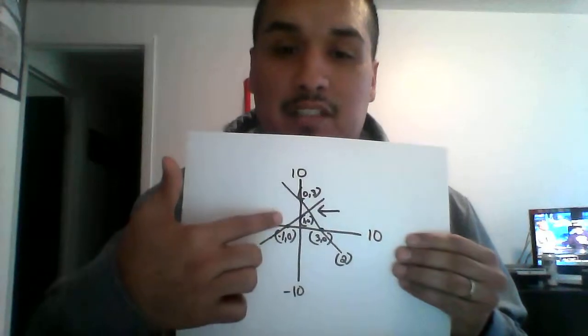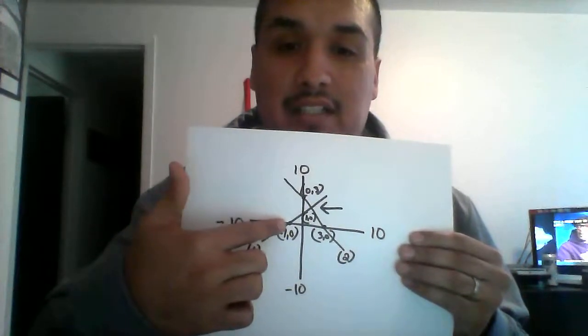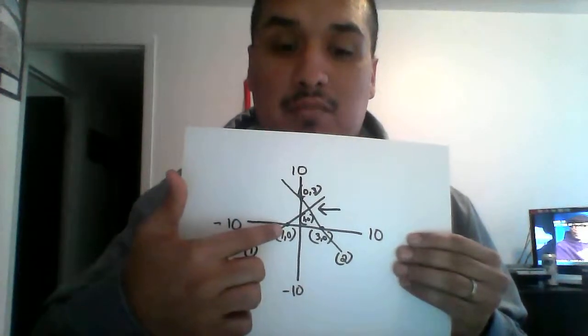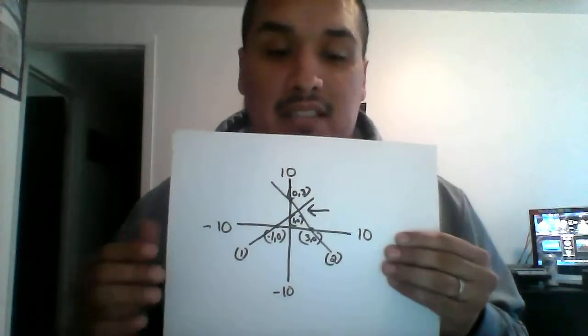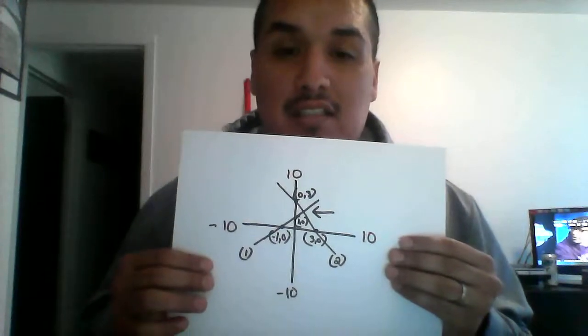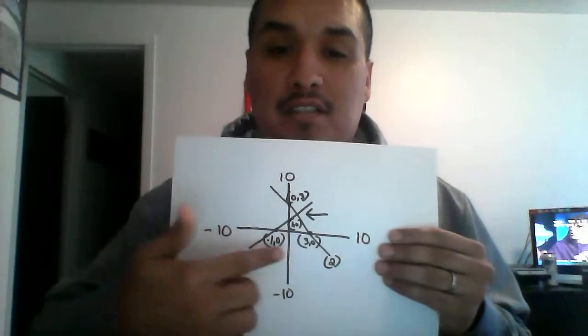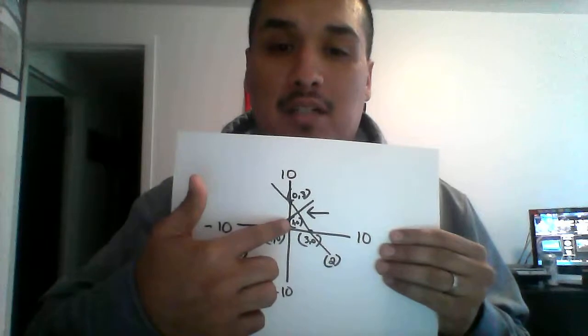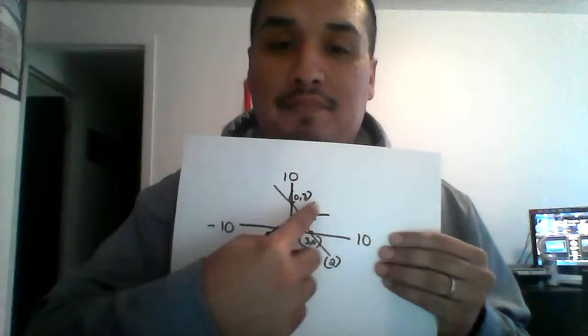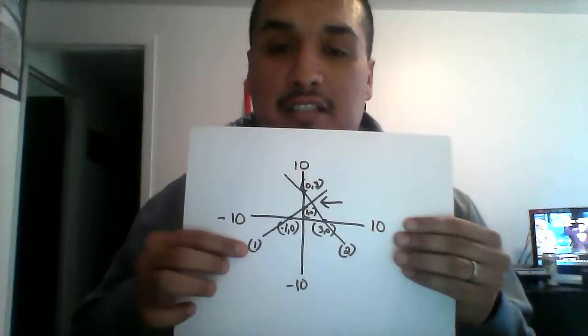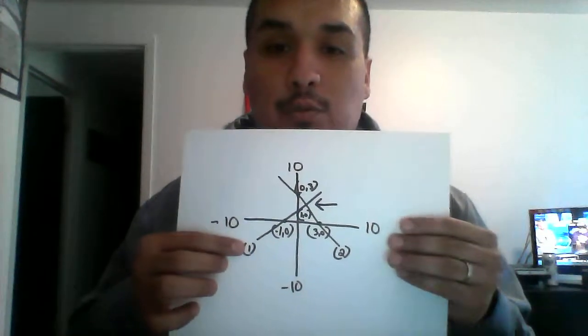You can see it's right here: I went to -1 and then 0. The next point was 0, 1, so I went to 0 and then up 1. Now I have my two points. I drew a line, and as you can see, the first equation graphed was line number 1.